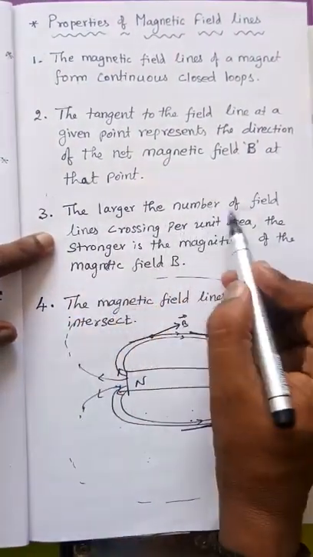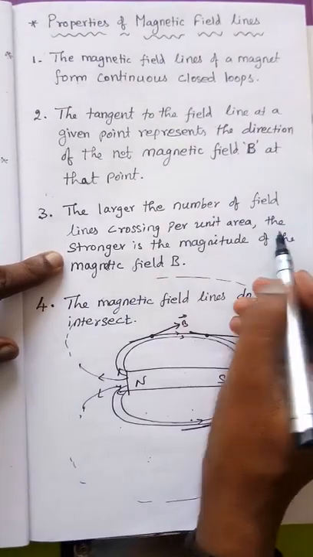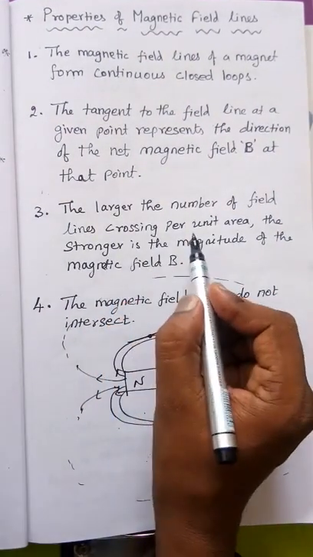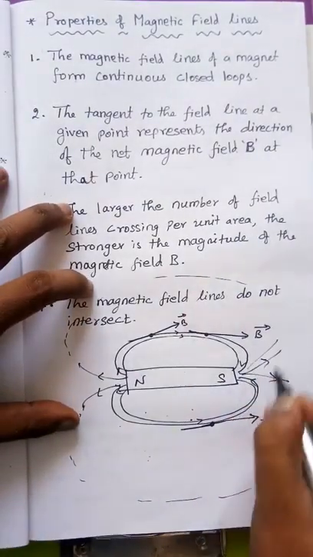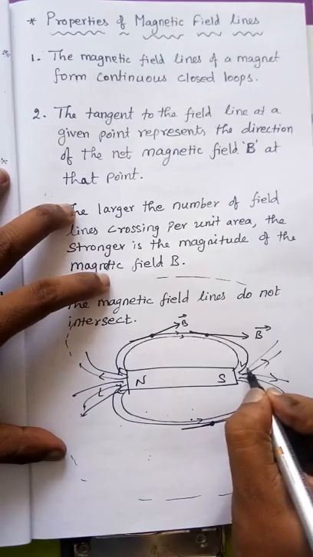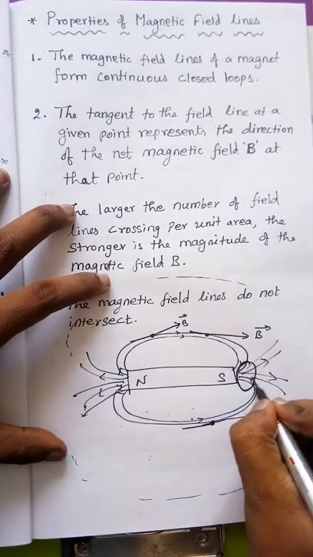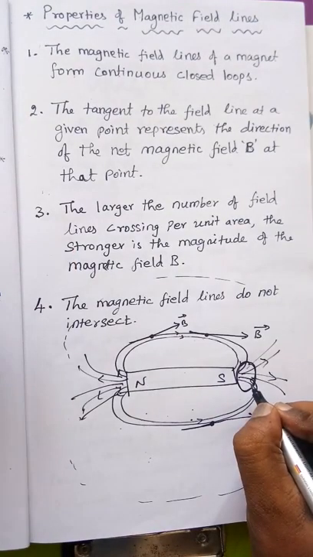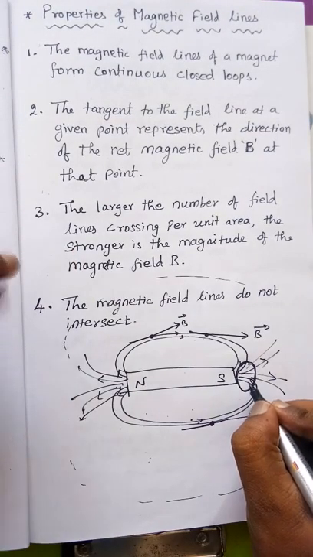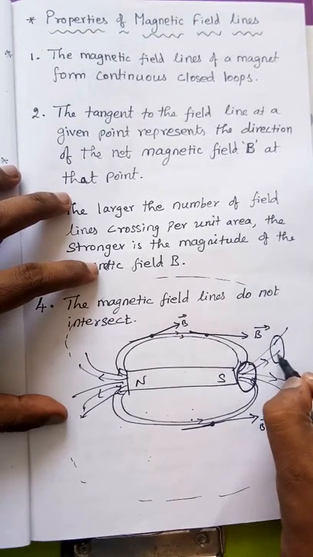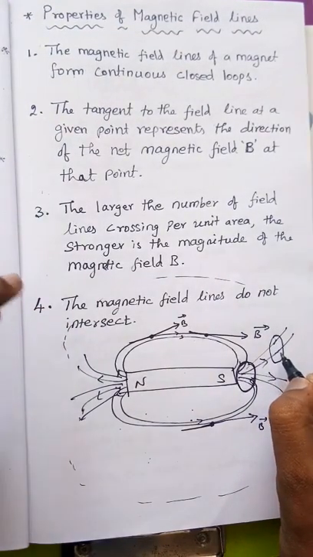Third one: the larger the number of field lines crossing per unit area, the stronger the magnitude. For example, here suppose more field lines are there. If you consider this area, where more field lines are there, the magnetic attraction is very strong because of more magnetic lines. If we compare to here, only two lines cross, so it is a weak magnetic field.